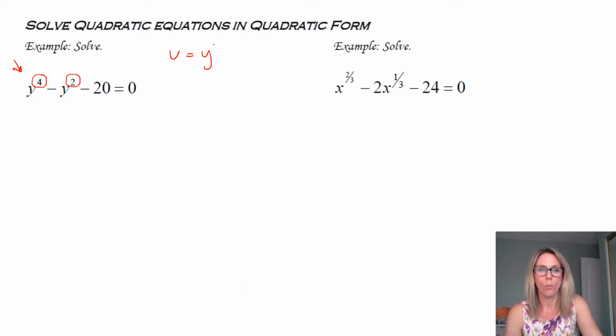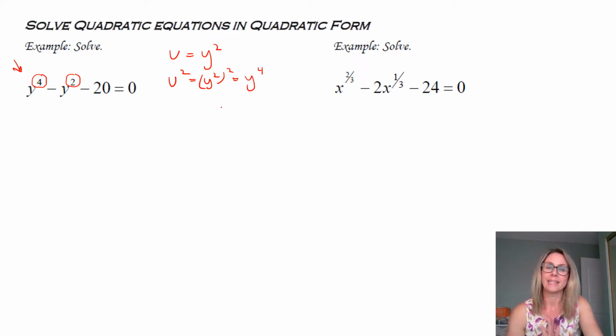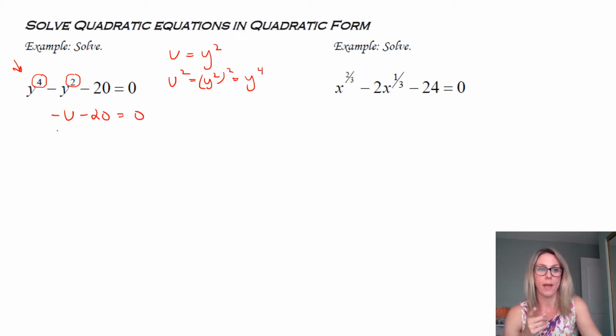So I'm going to let u equal y squared, and I'll show you why. Because if I square both sides, y squared squared is y to the fourth. So the idea here is, now I can replace my y squared with u. I can replace my y to the fourth with u squared.